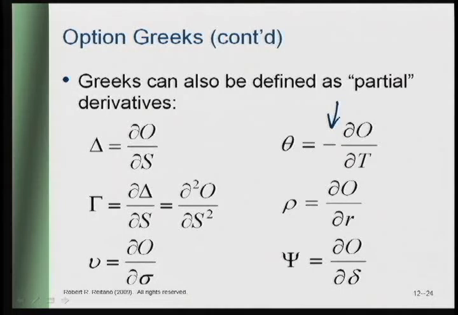It's the negative derivative because we're interested in a decline in time. And the other ones to note is to be a little careful about vega, rho, and psi, just simply because of the numerical convention as to when one determines the effect on price: are the units of sigma decimal units or percentage units? How does one do that?